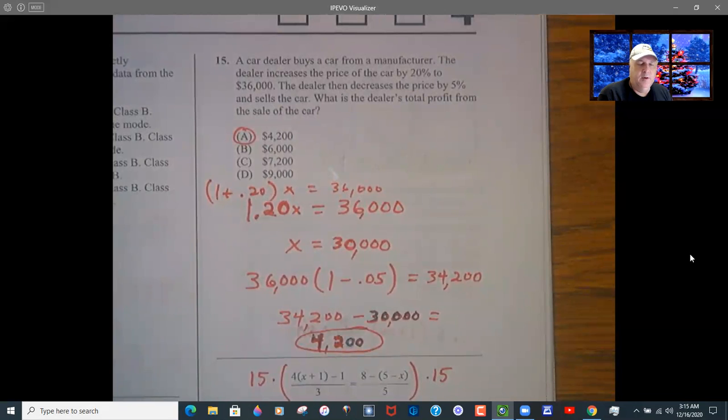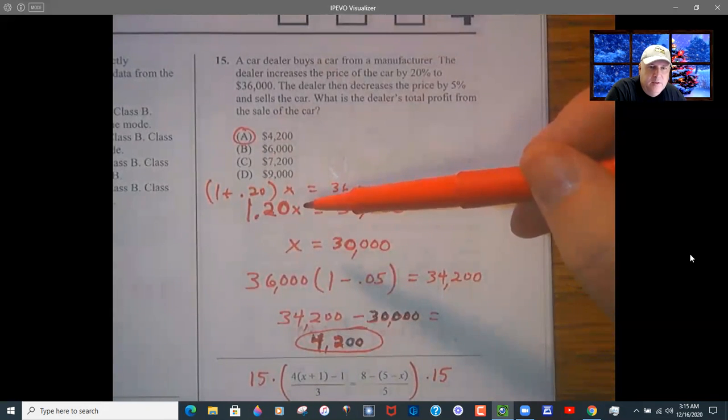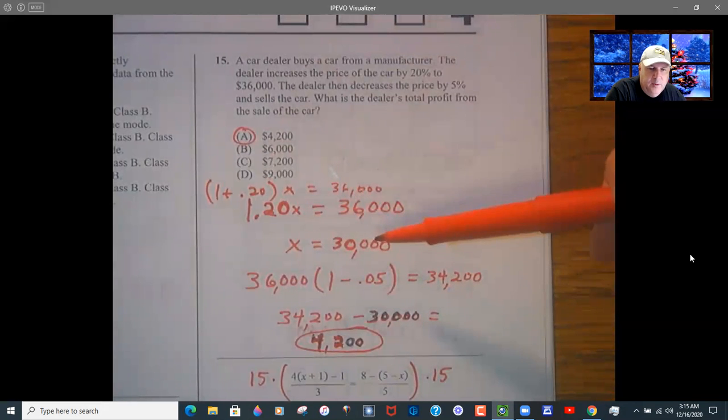Okay, so remember the multiplication factors with % increase and decrease just adjust from 1. So 100, and, if you're increasing 20%, you add 0.2 to 1. So the multiplying factor is 1.2, but you're multiplying that by whatever that original cost was to get 36,000.